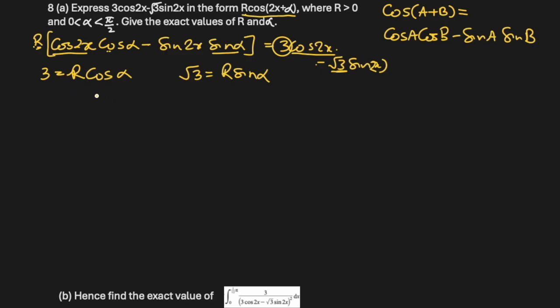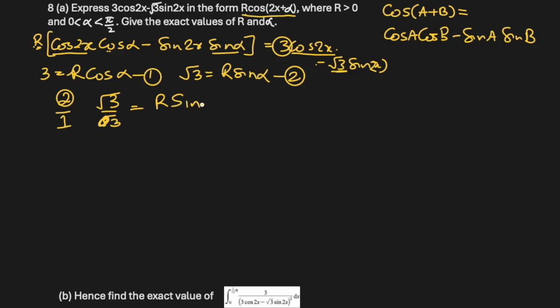Now, to find alpha, we will divide this one, let's call it 2, let's call this 1. So we will divide 2 by 1, left hand side by left hand side, right hand side by right hand side. Sorry, I need to change this to square root 3 and this will be complete 3.